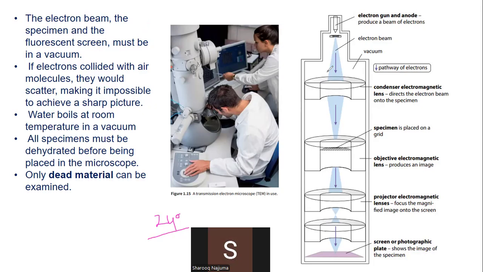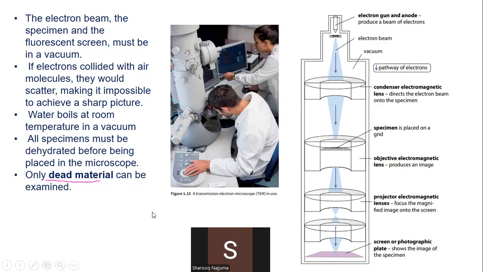And remember, when you dehydrate, you kill. That is why these electron microscopes only use dead material. They will not be using live material. Because the moment you dehydrate a specimen, it means you're going to be killing it because you have removed all the water from it.